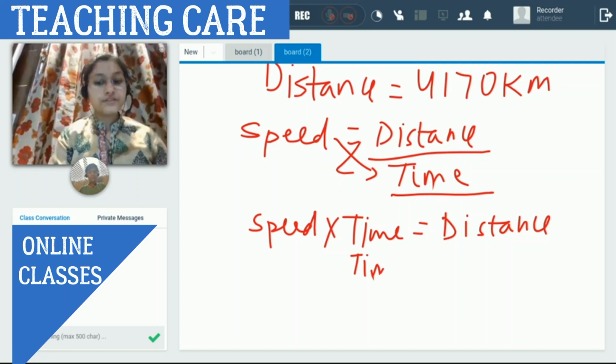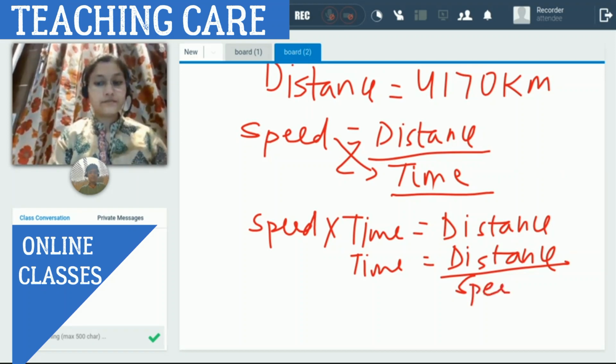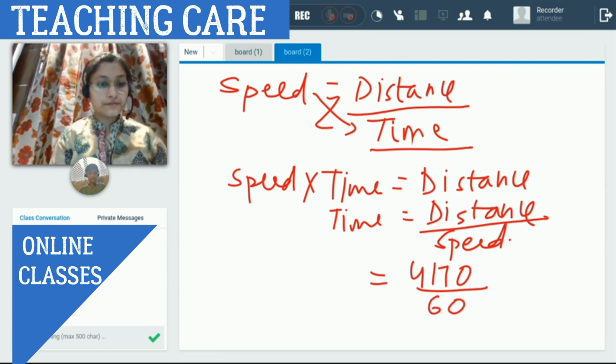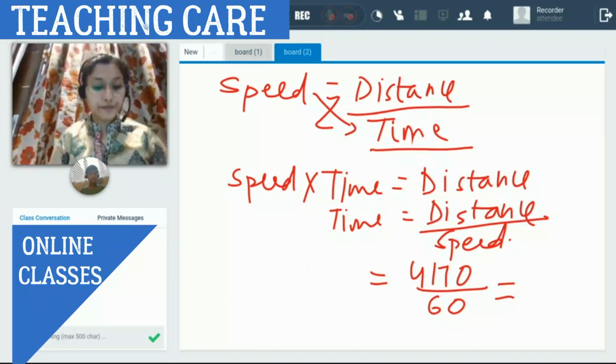That means time equals distance divided by speed. In this question I have the distance, 4170, and the speed, 60 kilometers per hour. So we divide the distance by the speed to get the time.